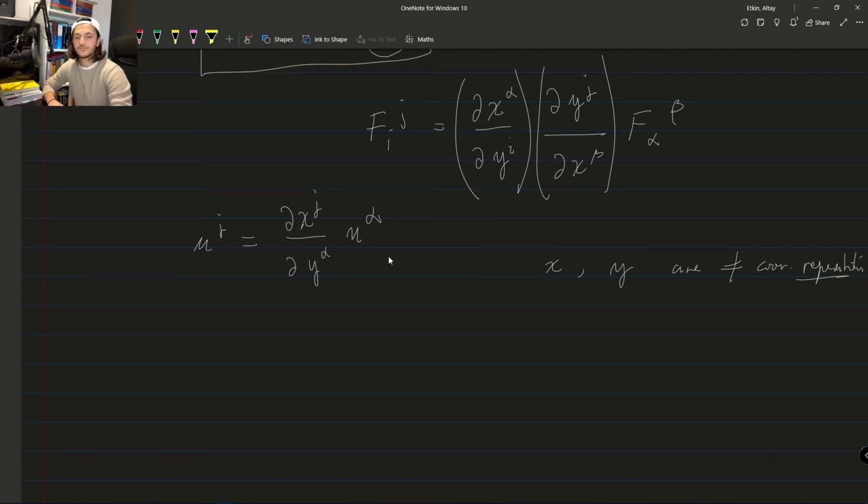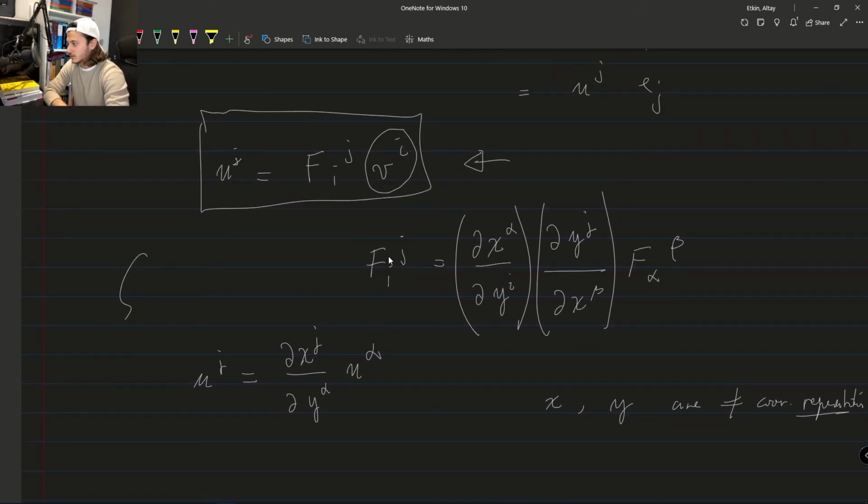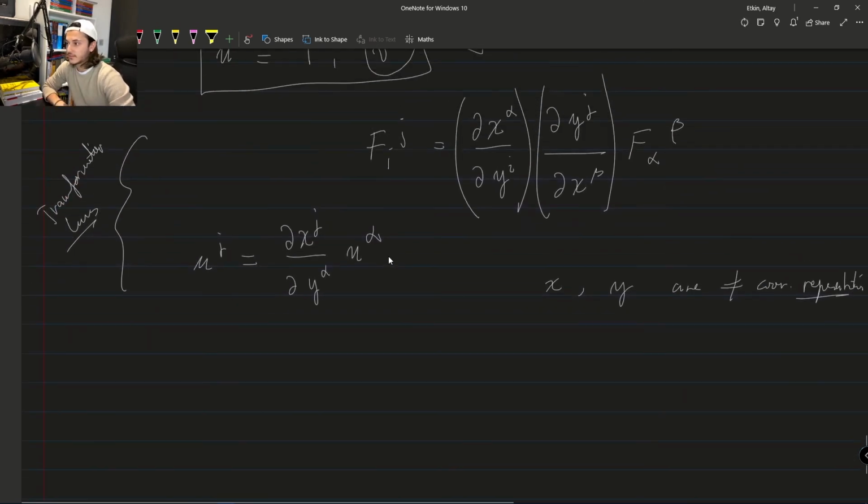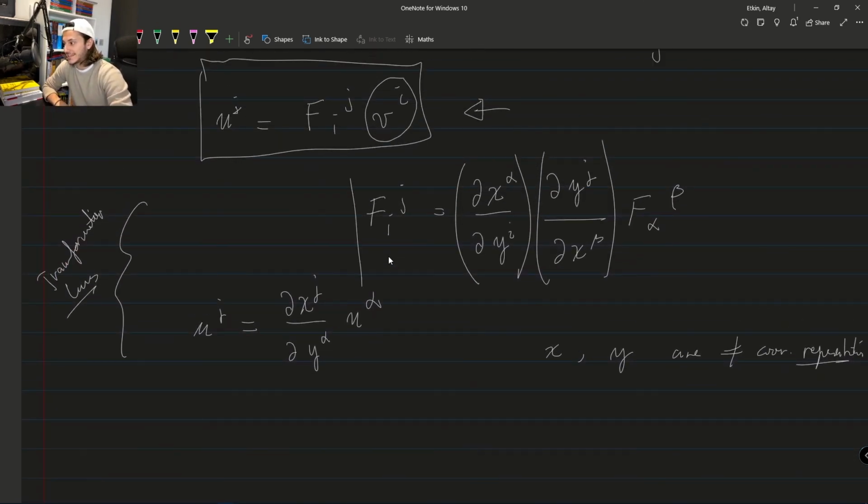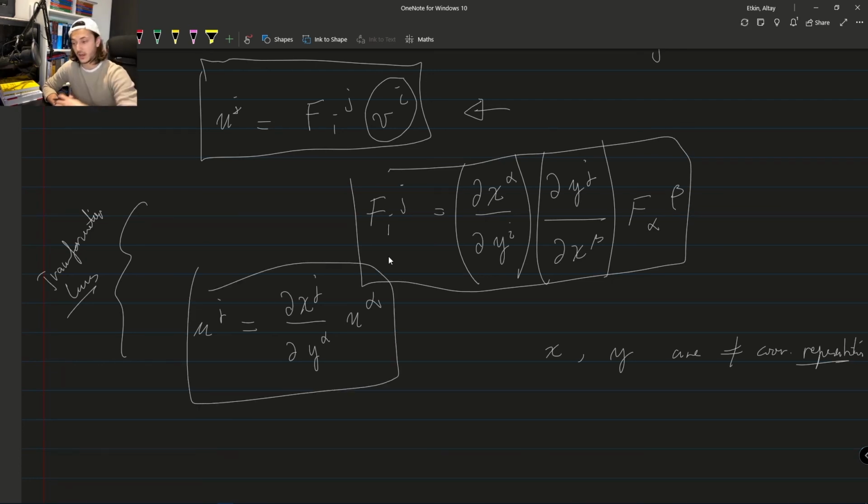And so under different representations, you would have different transformation laws. These are transformation laws, and they must be linear. So linearity is required for both of them to hold: they must be linearly transformed from one space to another space, from one representation to another. And this is what we're going to use as the key definition for how we define tensors and all the other various types of objects.